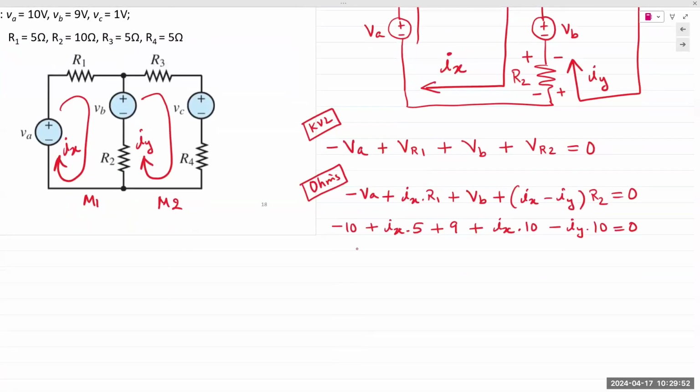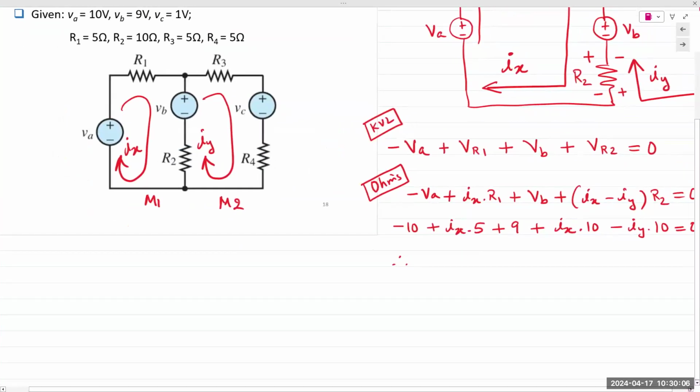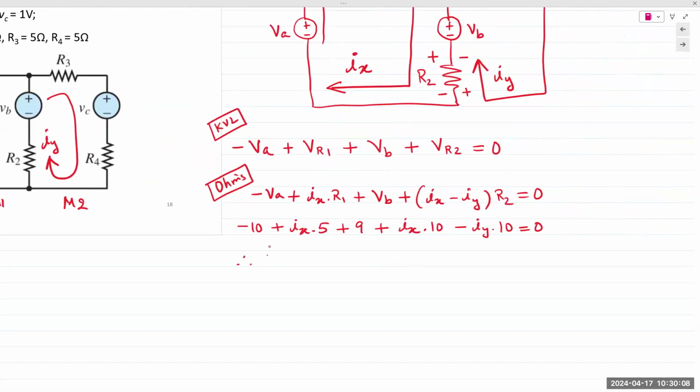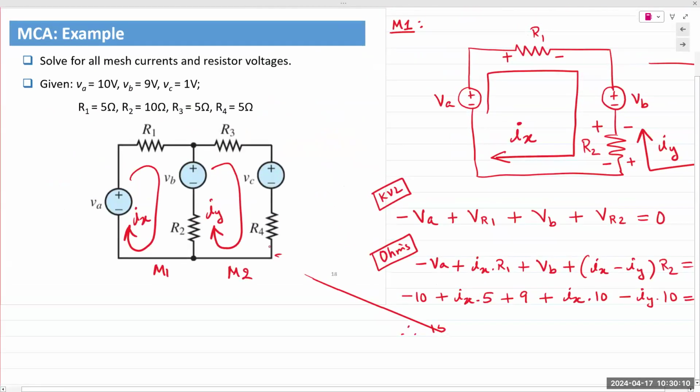So you reduce this and rearrange the terms in the form of AX plus BY equals C. And I would obtain 5 times IX plus 10 times IX would give me, what's wrong with this? Okay, 15 times IX minus 10 times IY.